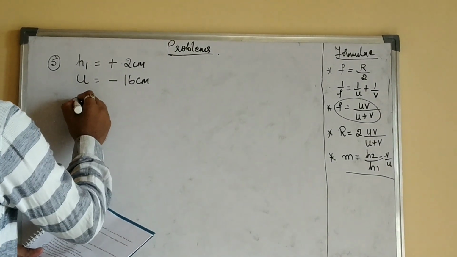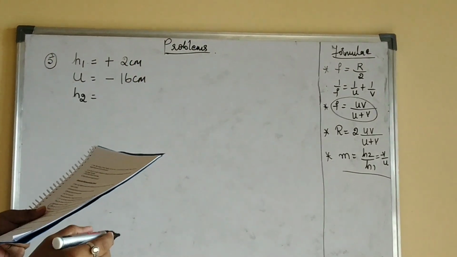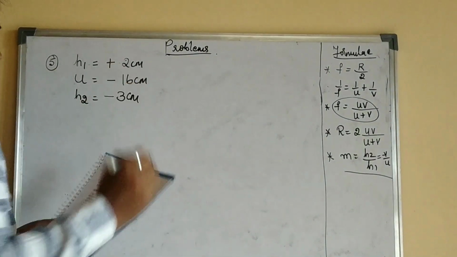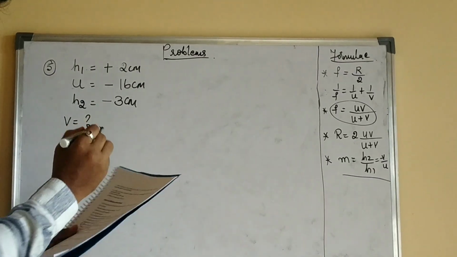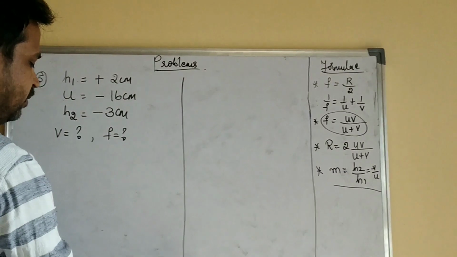So that real image height is given H2. Since it is below, you have to take it as negative. So minus 3 centimeter. So you have to find out the position of the image and you have to find out what is the focal length of the mirror.